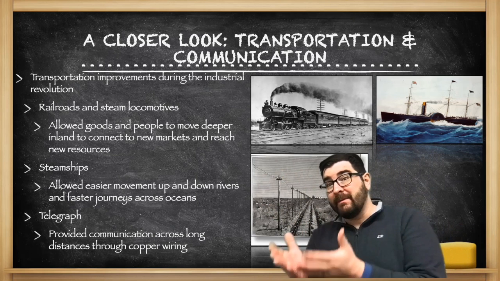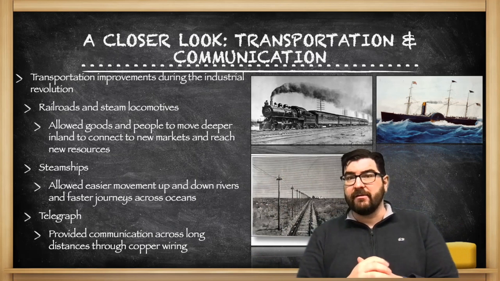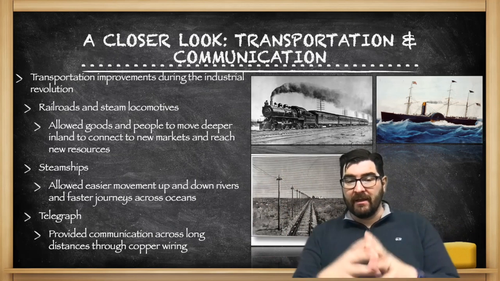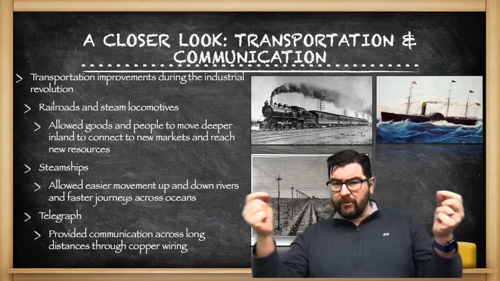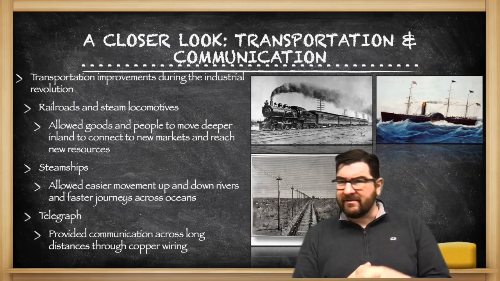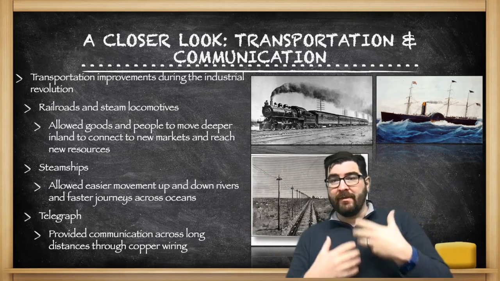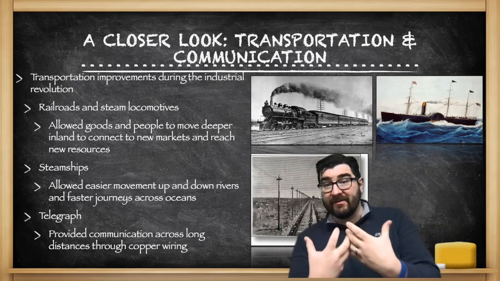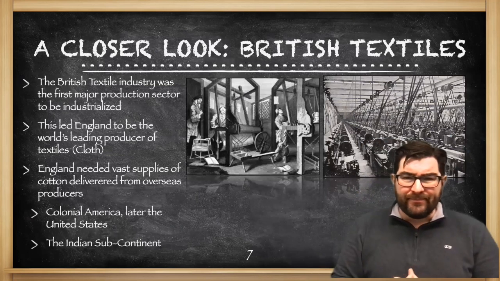But the development of these technological advances will allow those states to push deeper and deeper inland. And then the telegraph, sending an electrical signal through a copper wire over long distances to communicate, is going to increase the amount of communication and decrease the time for communication over long distances.